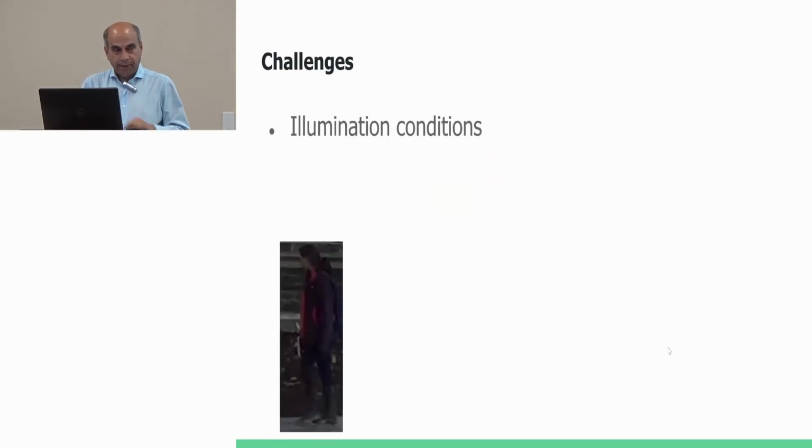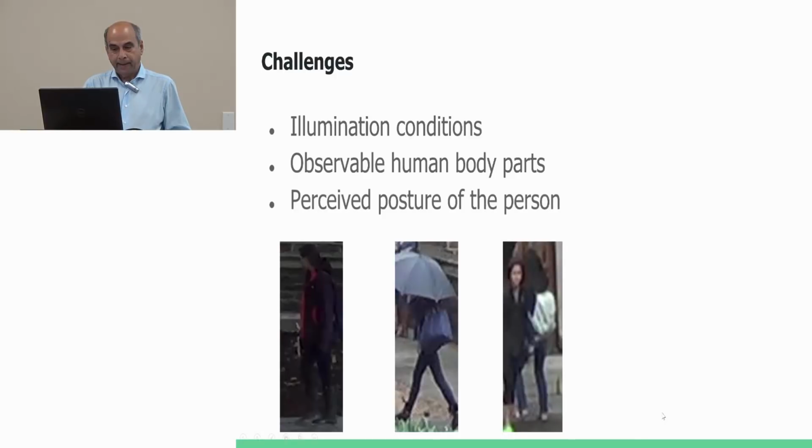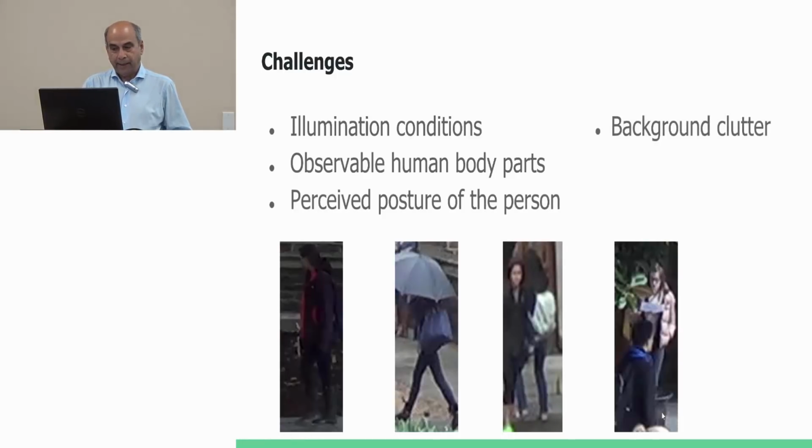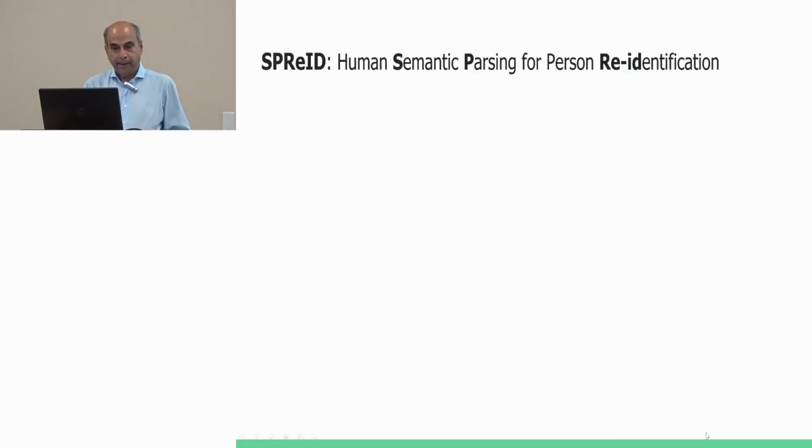So the challenges are that there can be illumination condition changes like this, or different parts of the body visible. Suppose your head is not visible because it is covered by an umbrella, and the posture of the person can vary, and background clutter, as you see here, and also occlusions, like being occluded by a tree.